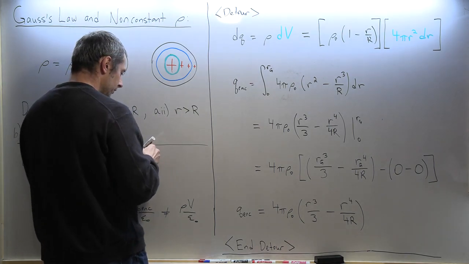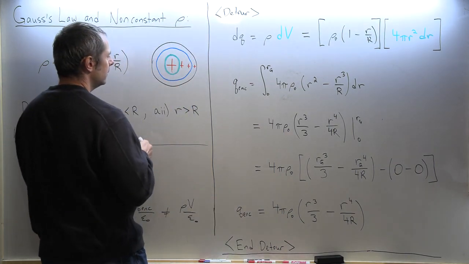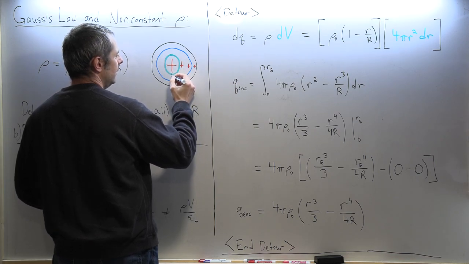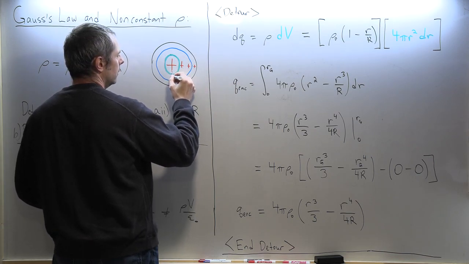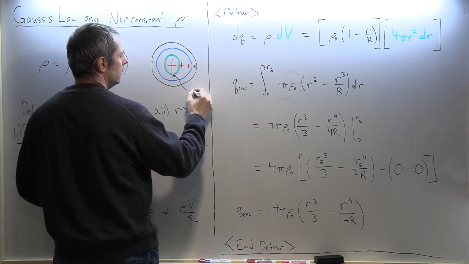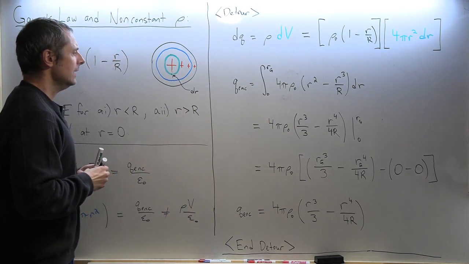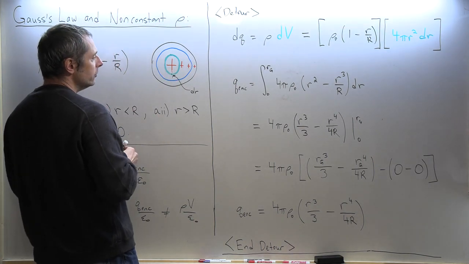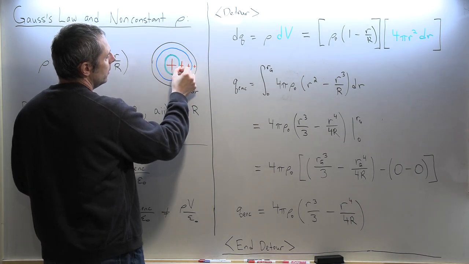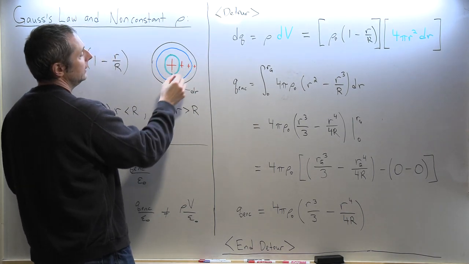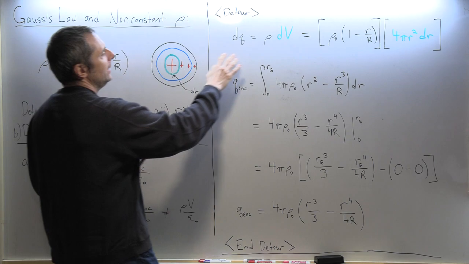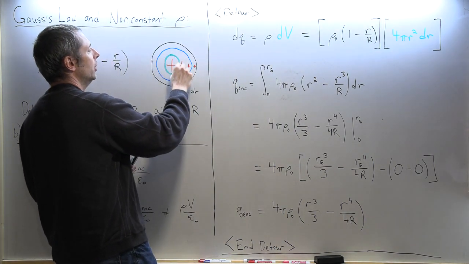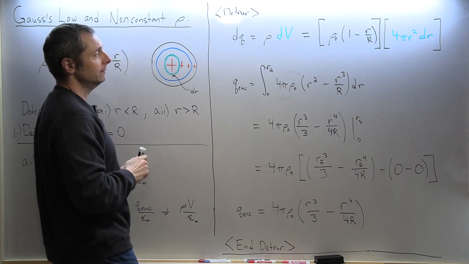And it has a thickness, even though it may not look like it, it does have a thickness dr. So really thin. And because the radius doesn't vary much going from one part of this to the other, because it's so thin, I can use the coulombs per meter cubed times the meter cubed, and I'll get the charge just in that little green shell.